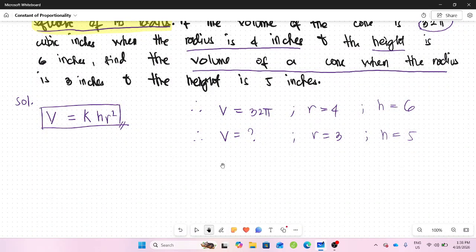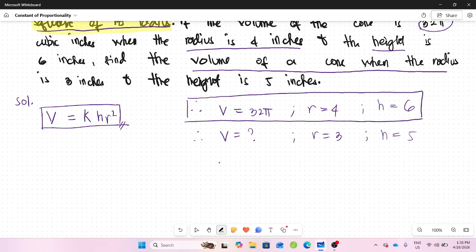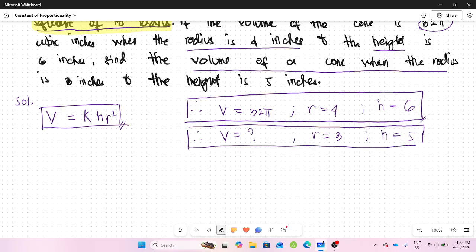Now, based solely on this data, this is our first condition, okay? And this is our second condition, which is what is asked in the problem. You have to solve for the volume of the cone.